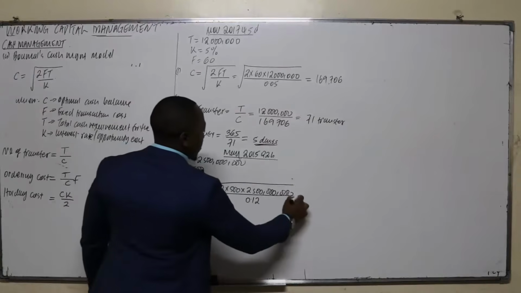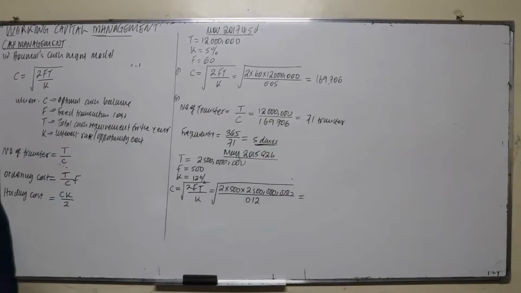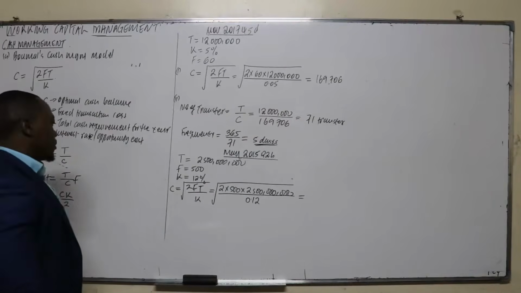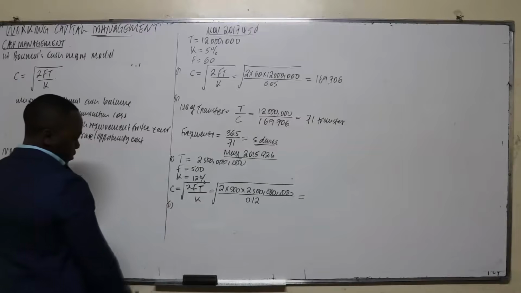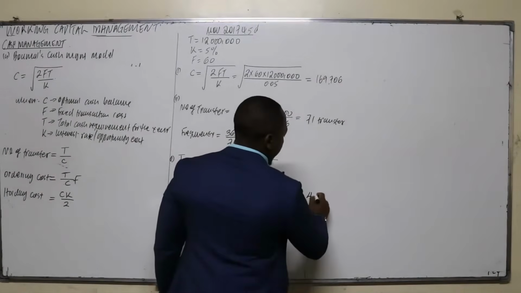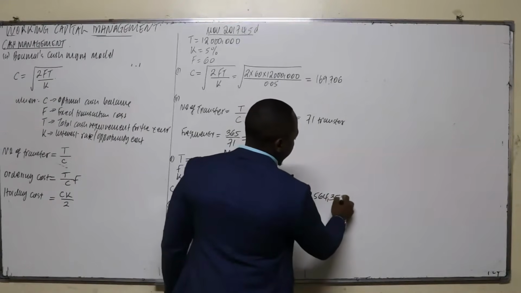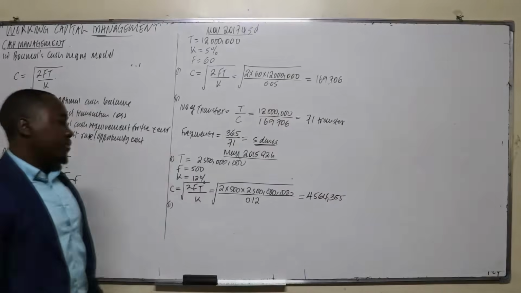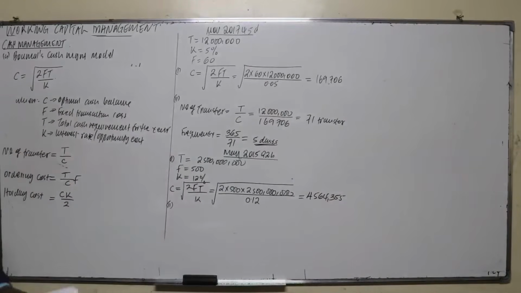And then you get the square root. What do you get? 355. Good.